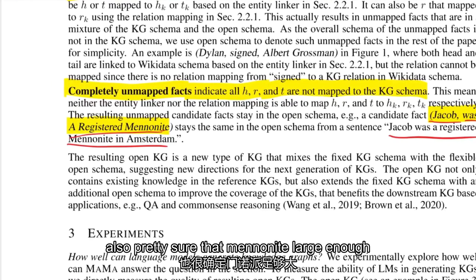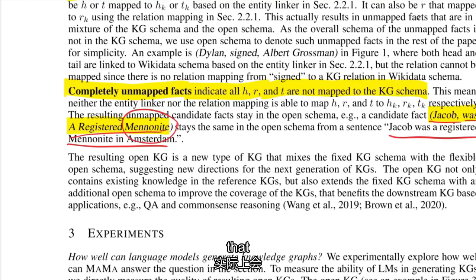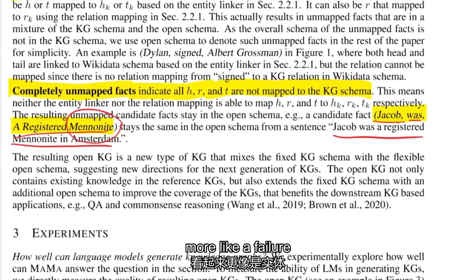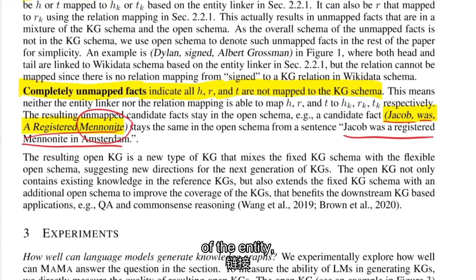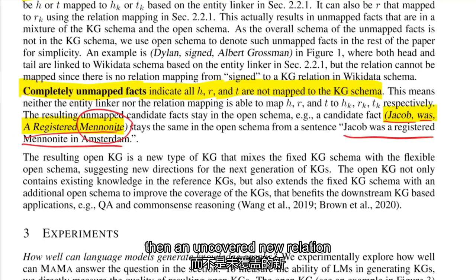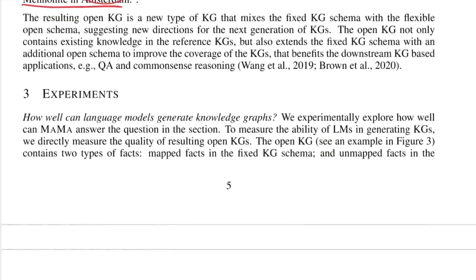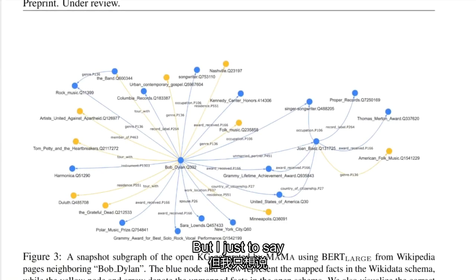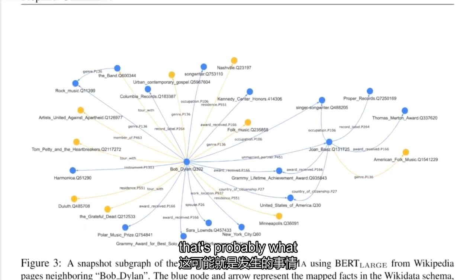And I'm also pretty sure that Mennonite is large enough that it would actually appear as an entity. Maybe Jacob not, right? Maybe Jacob is an unknown Jacob. We don't know who Jacob is. But this seems more like a failure of the entity linker and relation linker than an uncovered new relation or an uncovered new entity. So yeah, take this stuff with a grain of salt.